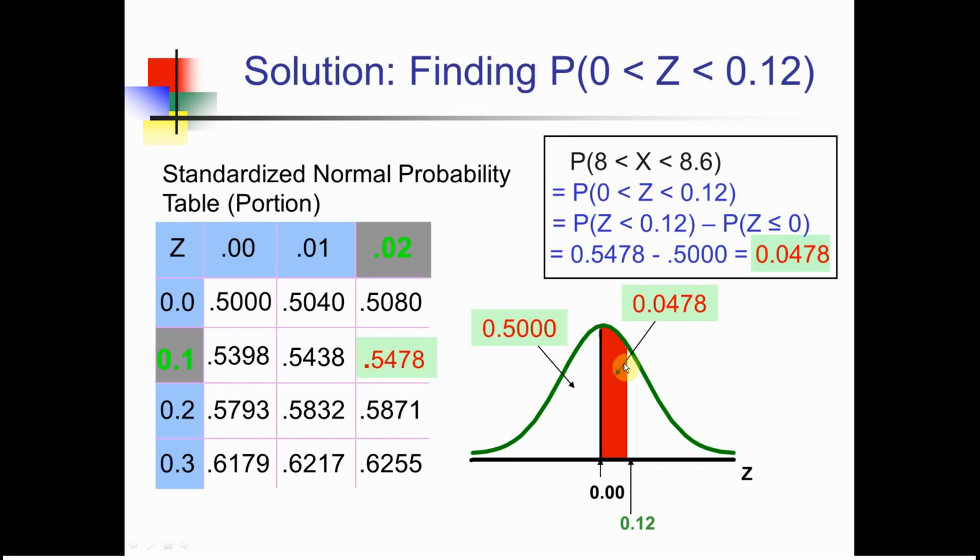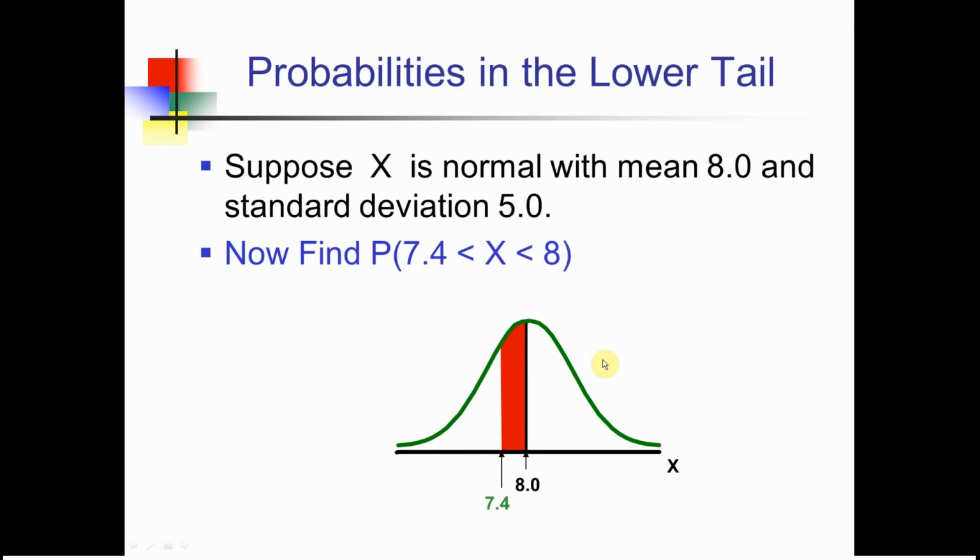If we look at the probability that z is less than 0.12, that's all of this, and it's going to be too much by this white region here, where z is less than 0. So if we take this whole thing and subtract off the white part, we're left with the red part. That's exactly what we want. So there's the bigger minus the smaller. You figure out what that is, look it up on the table, and you get 0.0478, about 5%. And you can see, once again, that red sliver looks about 5%.